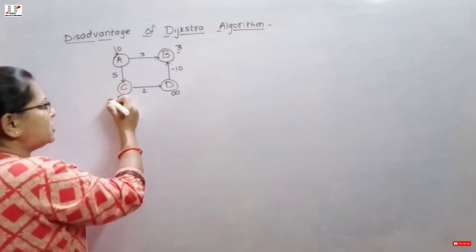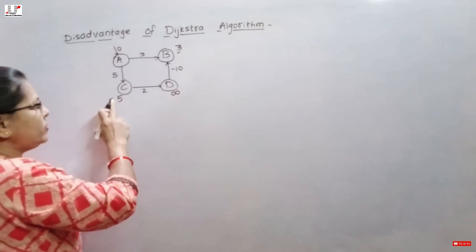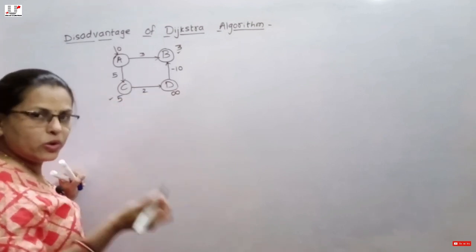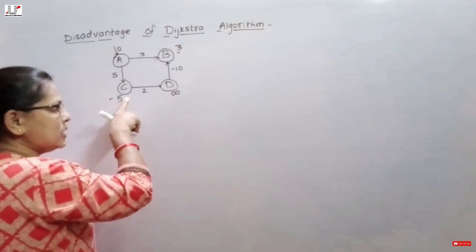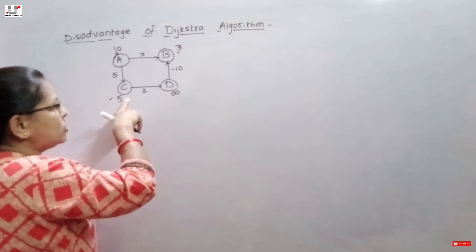So select that C and mark it as visited, and from that C check whether any edge is going to relax. Yes, from C there is D, which is adjacent to that node C.